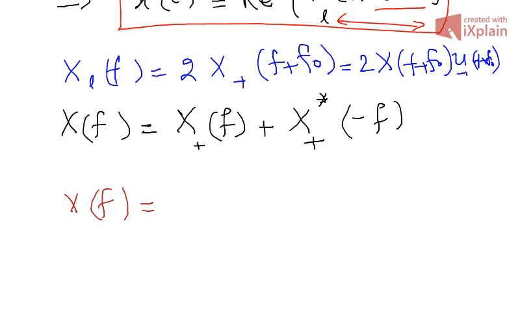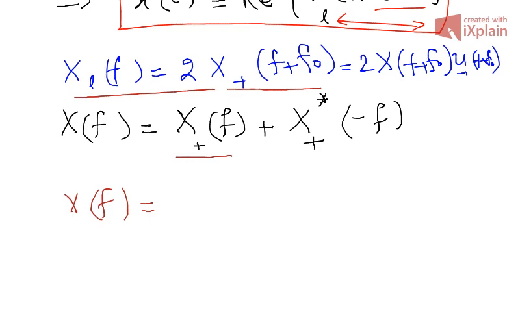We have all the information in this positive part, X positive of f, and we said that the positive spectrum is represented as 2 times this one.